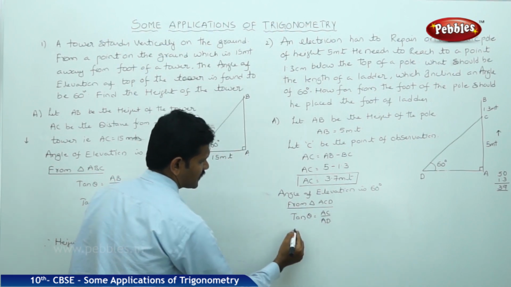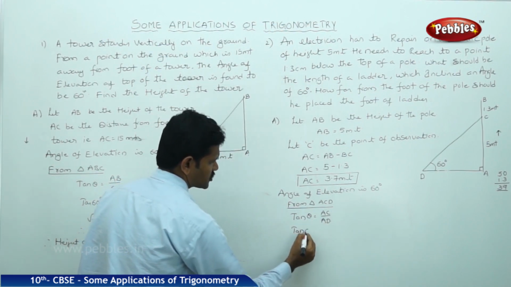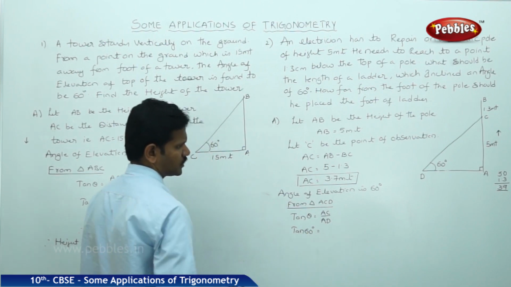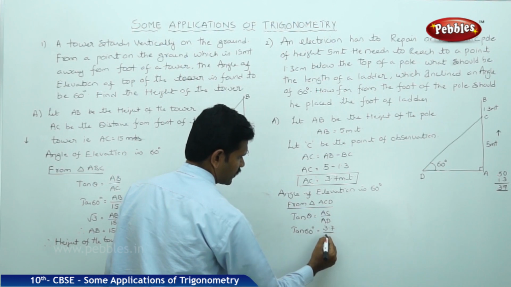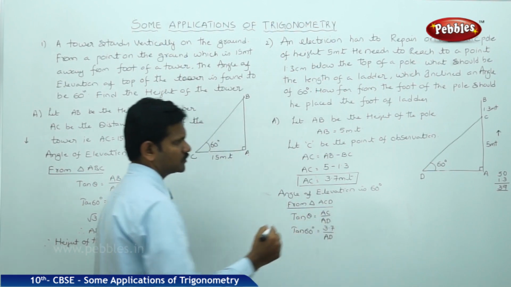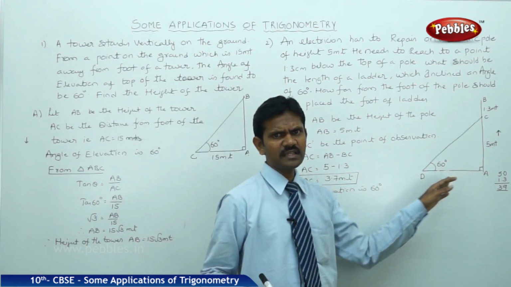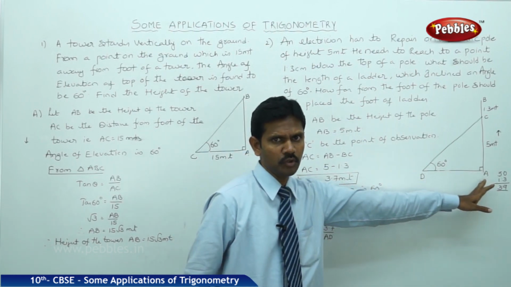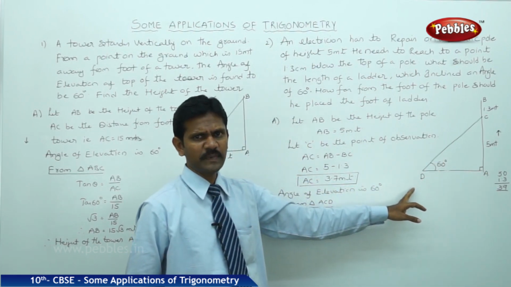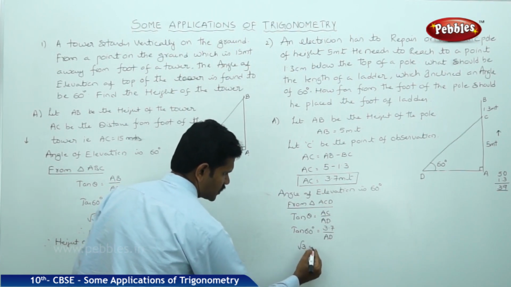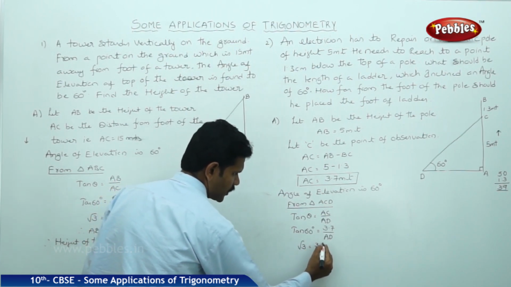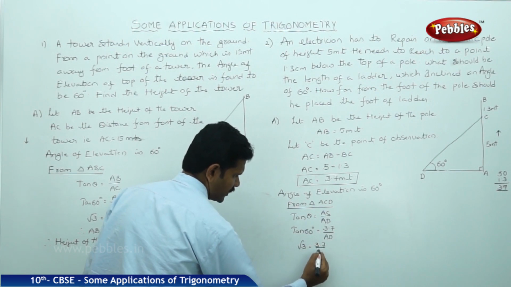Tan 60 degrees is equal to AC value 3.7 by AD value, which we have to find. Now AD is the distance from the foot of the pole to where the ladder was placed. That is, tan 60, which is root 3, is equal to 3.7 by AD.